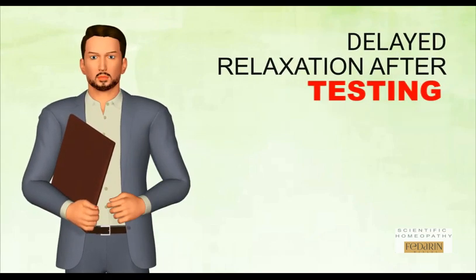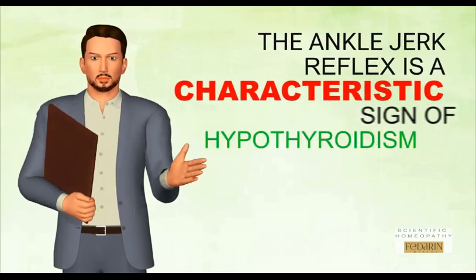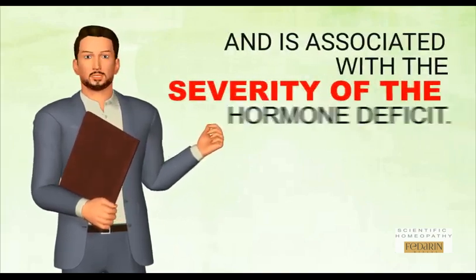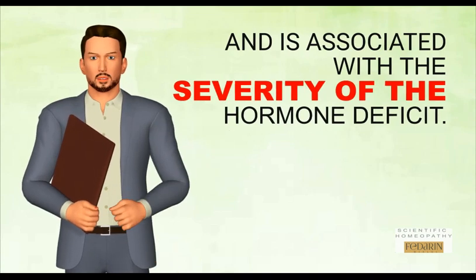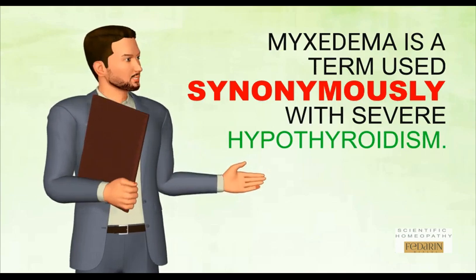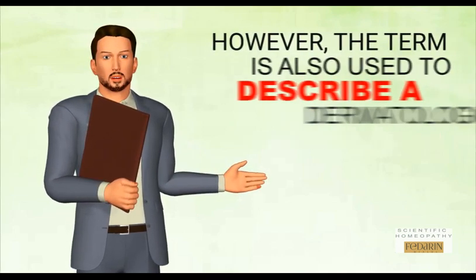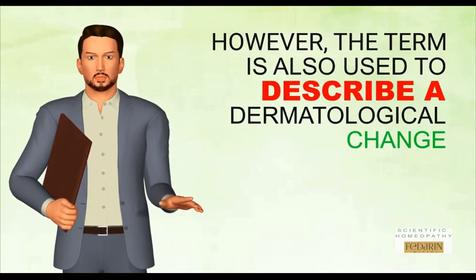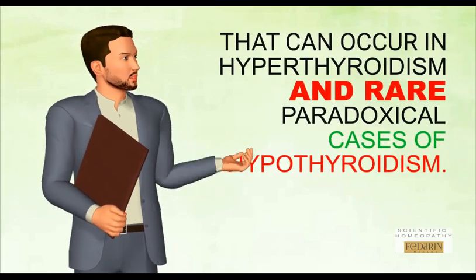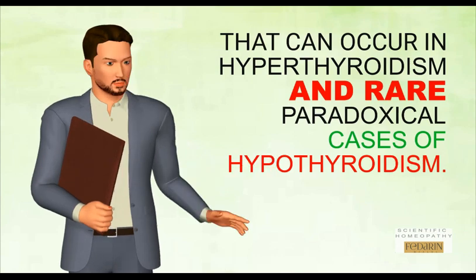Delayed relaxation after testing the ankle jerk reflex is a characteristic sign of hypothyroidism and is associated with the severity of the hormone deficit. Myxedema is a term used synonymously with severe hypothyroidism. However, the term is also used to describe a dermatological change that can occur in hypothyroidism and rare paradoxical cases of hypothyroidism.